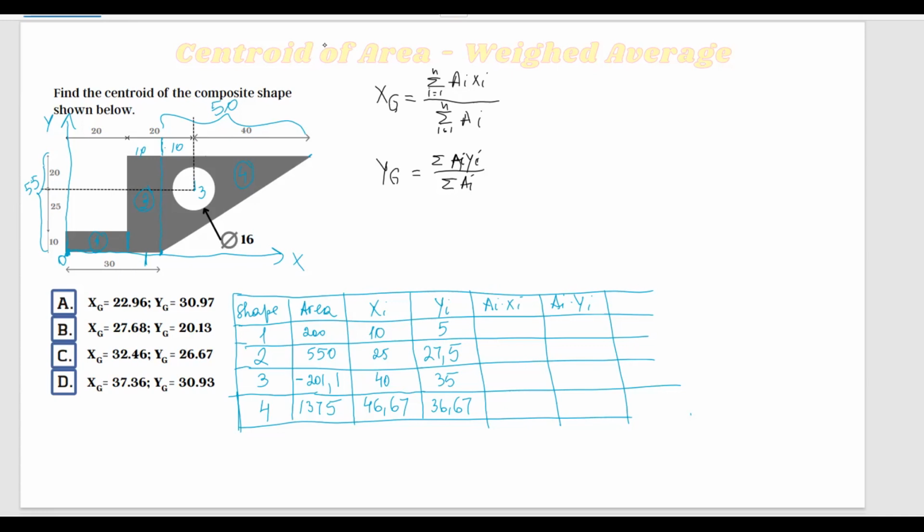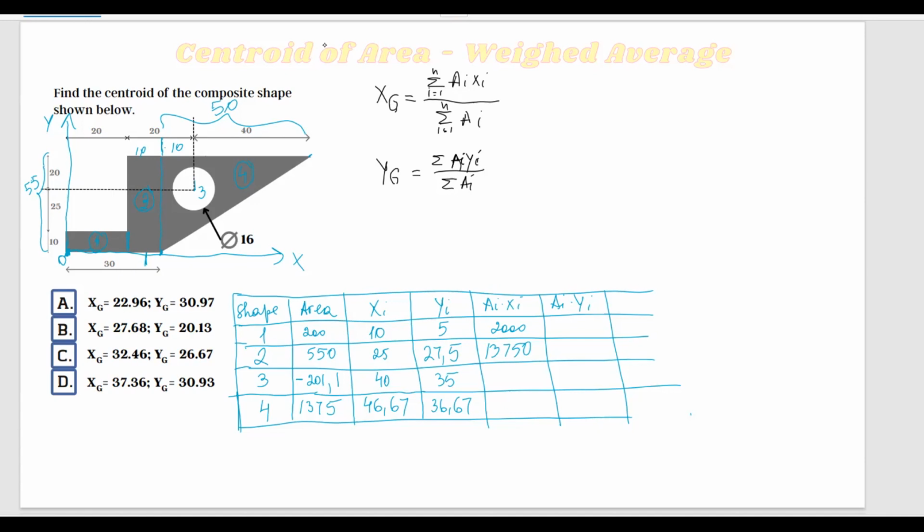So we're just going to multiply 200 by 10, which is 2,000. 550 multiplied by 25 gives me 13,750. Next, I have 201 multiplied by 40.